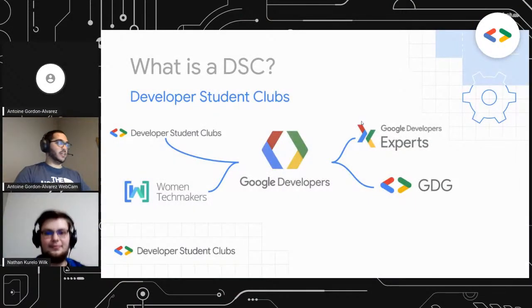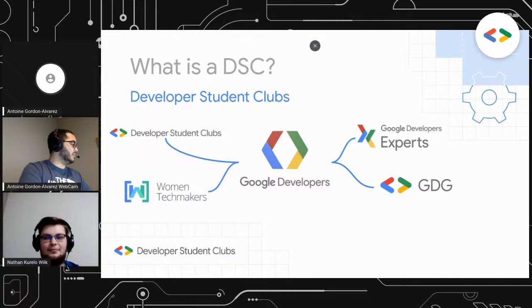So before we get into that, I want to just quickly explain DSC to everyone. What is DSC? DSC is a student-run community supported and recognized by Google Developers that empowers students through programs like these, such as the DSC, Women Techmakers, Women Developer Expert, and GDG.